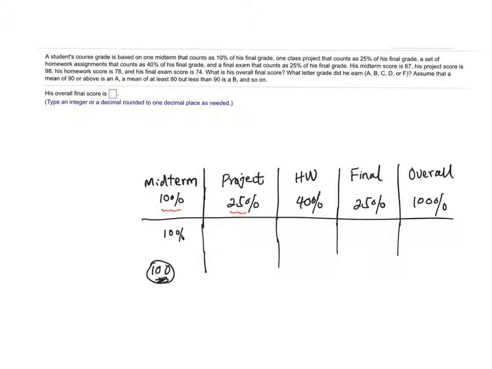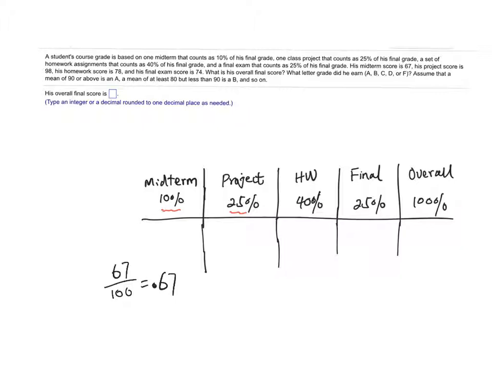Now, of course, if it's not that ideal, if you only score, say, 67 out of 100, which means 67% in the midterm, you will earn 67% of this category, right?